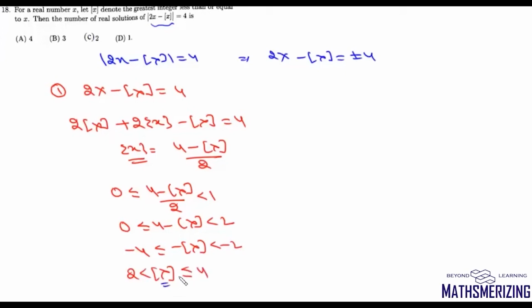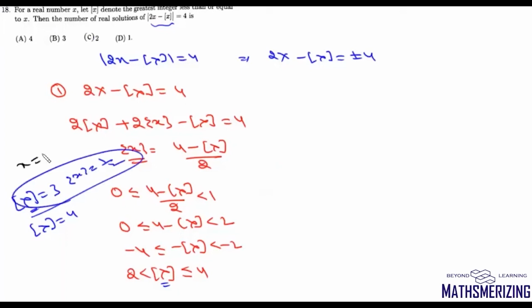The greatest integer function can only take integral values. So the only integral values possible in this case are 3 or 4. If the greatest integer function of x is 3, we'll get fractional part of x as 1 by 2, and the value of x is 3 plus 1 by 2, that is 7 by 2. And if the greatest integer function of x is 4, the fractional part of x is 0, so the value of x is simply 4.